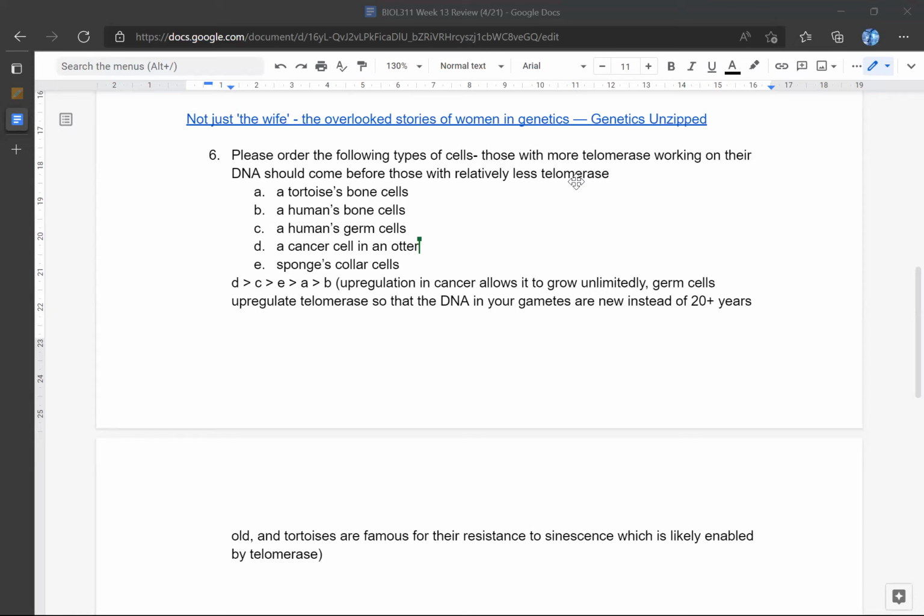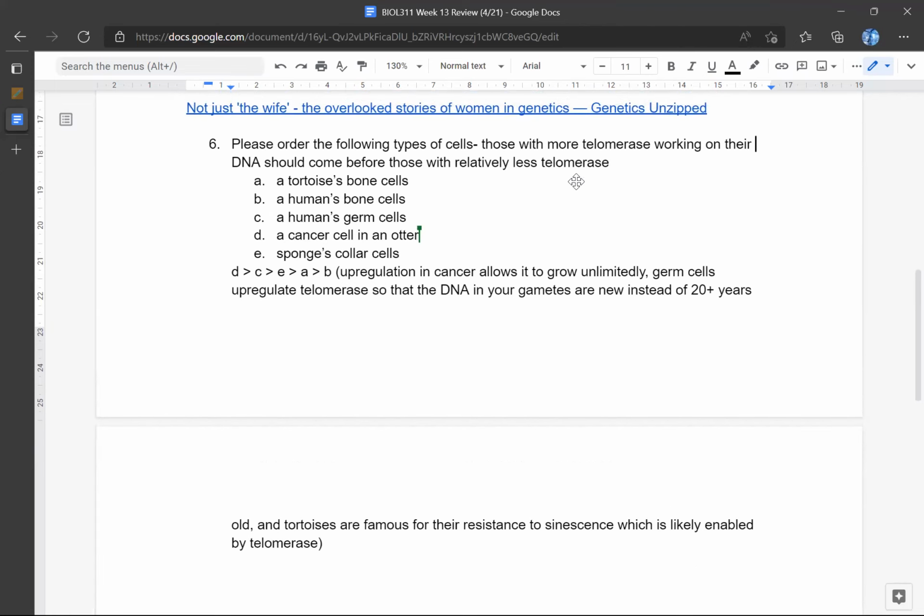If my germ cells weren't utilizing telomerase to repair my telomeres, then I would be passing on to my child 22-year-old DNA that's been shortened throughout my 22 years. What my germ cells do instead is upregulate telomerase so that my gamete can have fresh new DNA, so it's not pre-shortened. So my child isn't born as a 22-year-old.